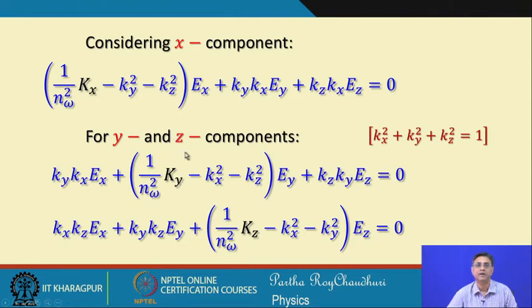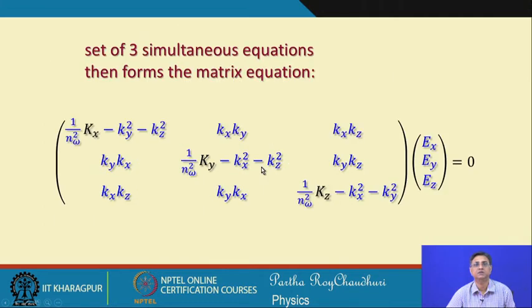If we consider the y and z components, we can write two more equations representing the y and z components in this form. You can see that now this similar term has gone into E y, and in the z component this similar term has gone into E z. So, you end up with a set of 3 simultaneous equations which can be put together in the form of a matrix equation, and the equation will look like this.